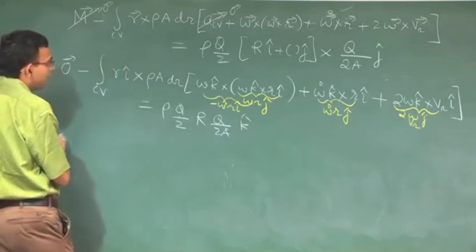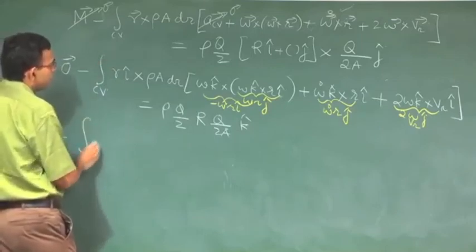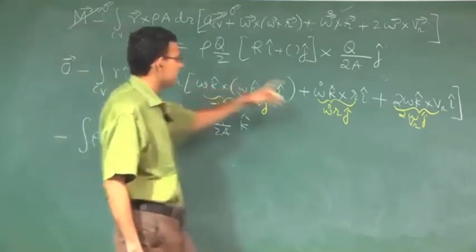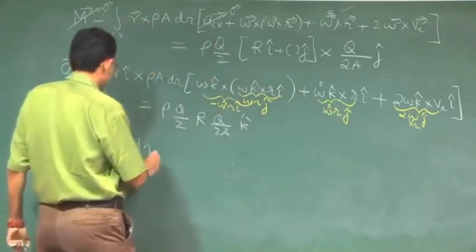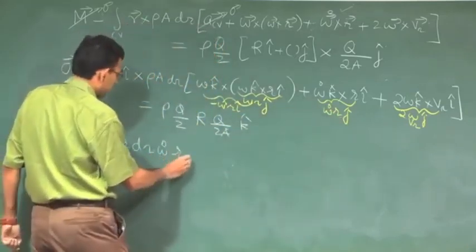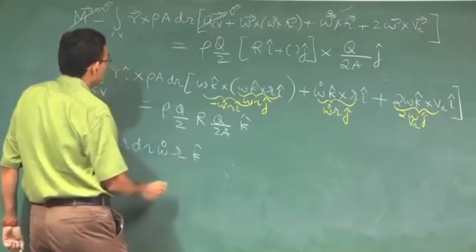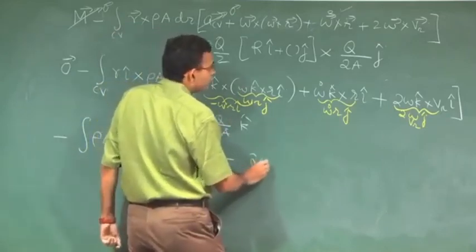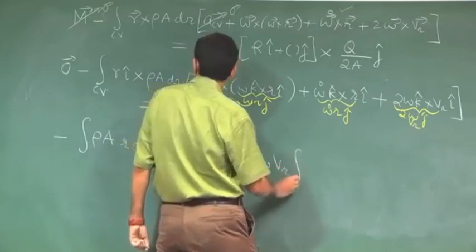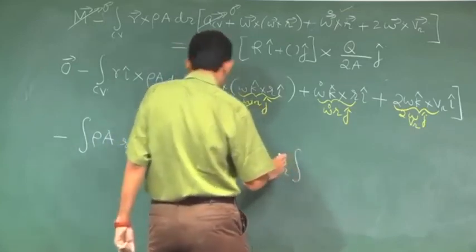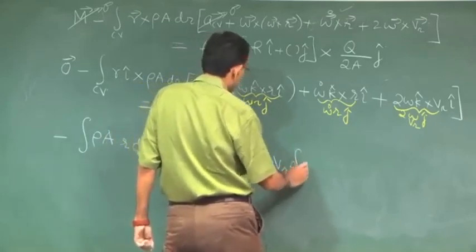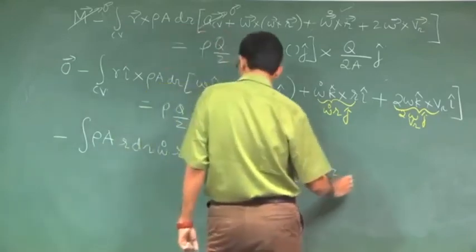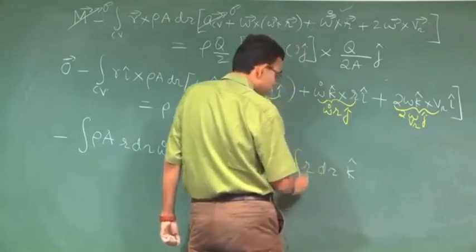So you have minus integral rho A r dr, i cross j is k, so omega dot r k, minus 2 omega Vr integral, one rho is there, rho r dr k, 0 to L.